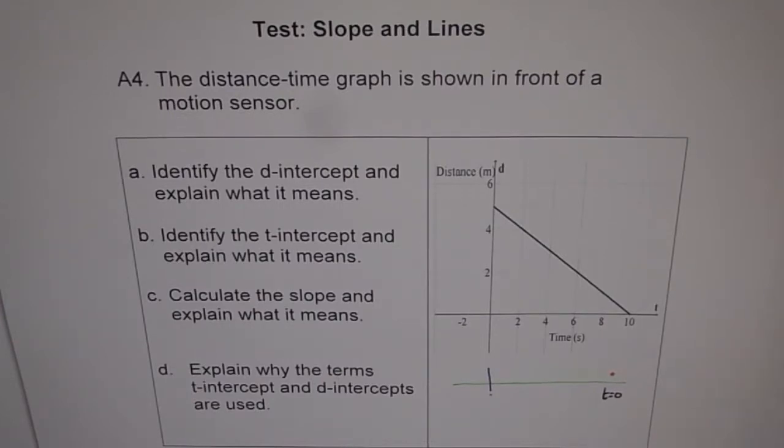At t equals 0, the object starts moving towards the motion sensor like this. And in 10 seconds, at t equals 10, it reaches this point where the motion sensor itself is. Do you understand? And this total distance is 5 meters. Do you see? This is how the situation is.